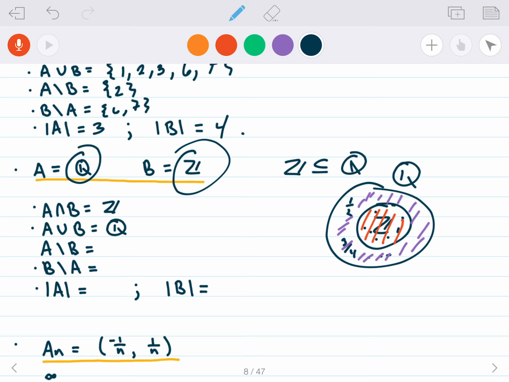A without B, so that's going to be Q without Z. If we take away Z here, what do we get? Well, we get the following. It's like the obvious thing that you would think, right? It's P over Q, where Q and P are integers, and Q does not divide P, right?